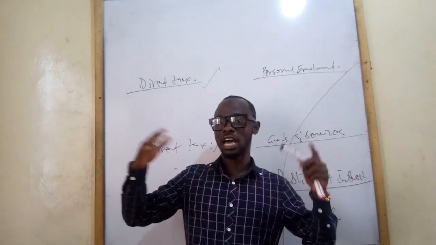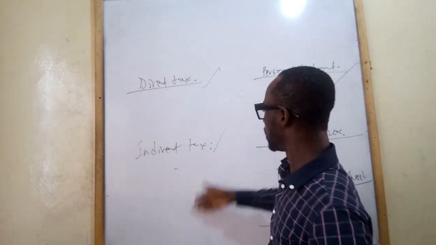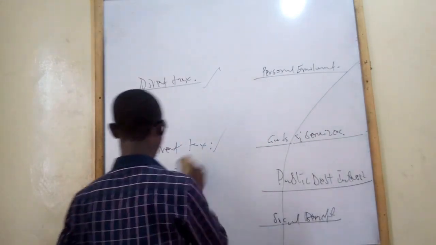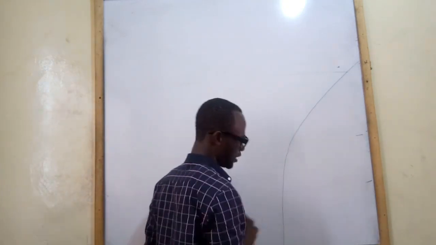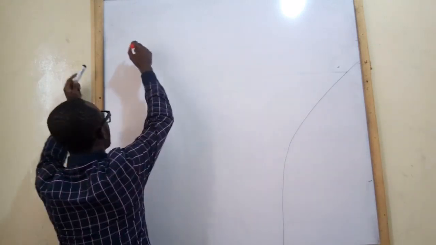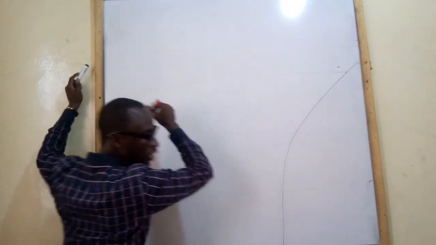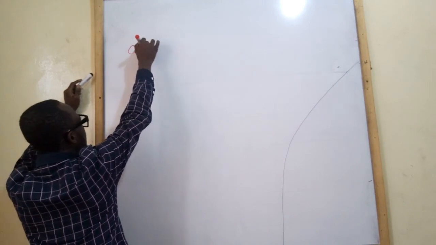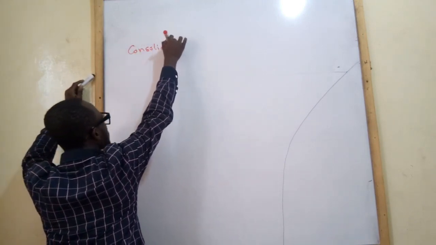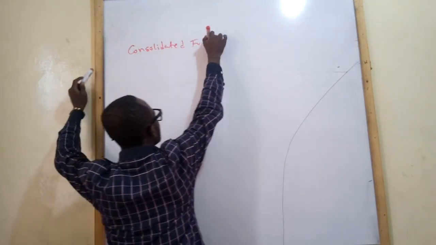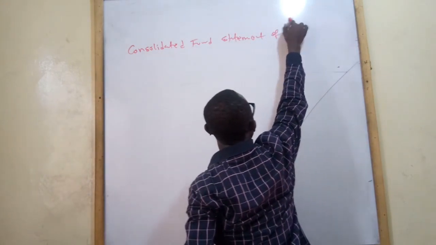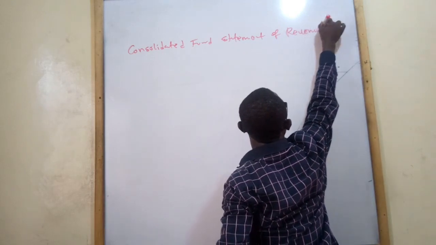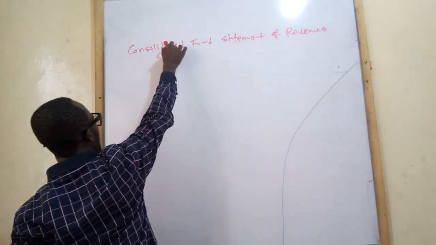So now that we've seen how to do the various treatments, when we add the various arithmetic, we're going to prepare our consolidated fund statement of revenue and expenditure account.